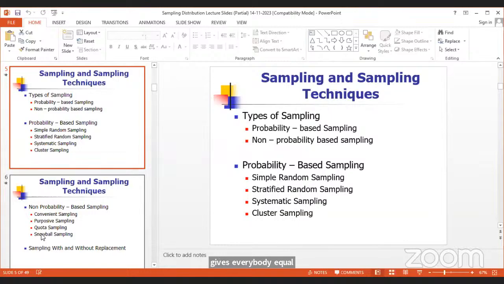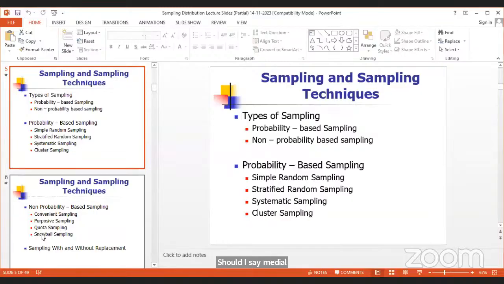And that means in a population that is not homogeneous, you might not end up getting a sample that is representative of that population. So that's a major disadvantage of simple random sampling.